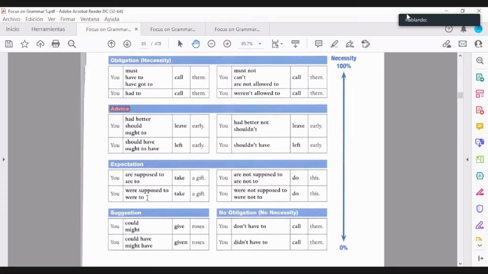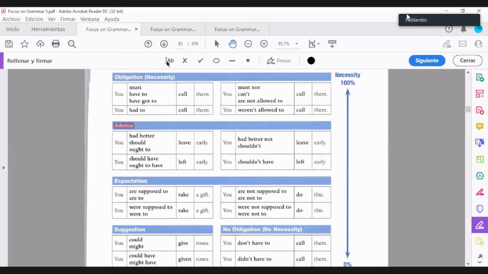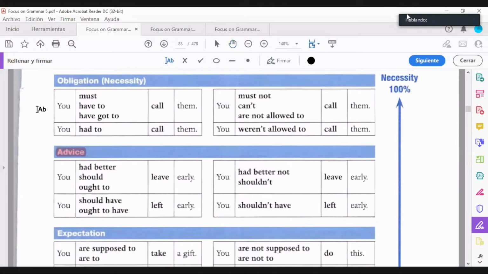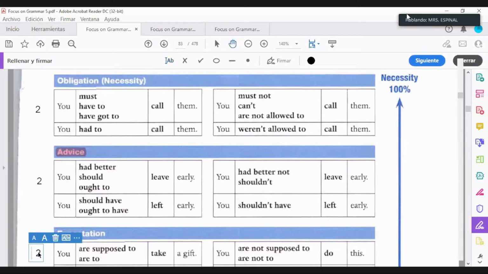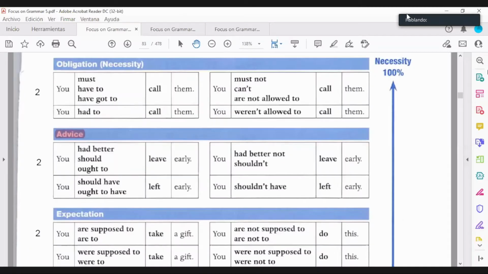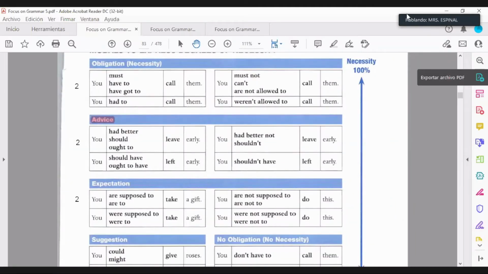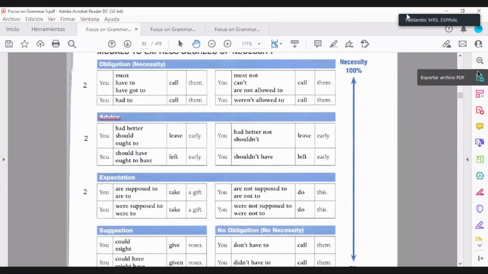Okay, 2 of each. Vamos, chicos. Take out your notebooks and start working.